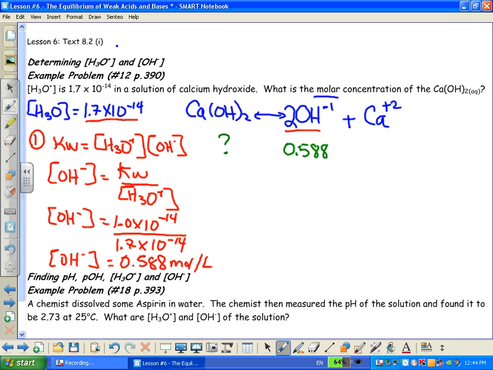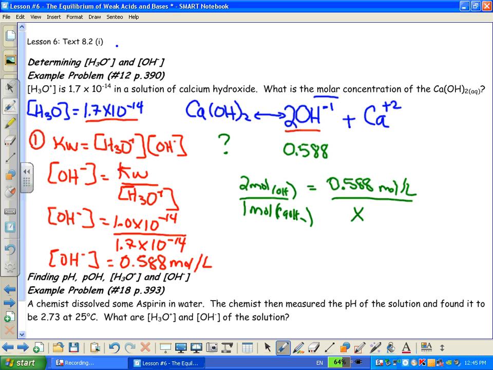So we need to set up a mole ratio in order to find our calcium hydroxide. So for every 2 moles of hydroxide, we have 0.588 moles per liter. If we want to know what it is for 1 mole, we're going to set up our equation like that.